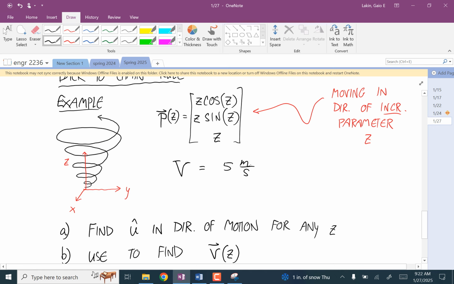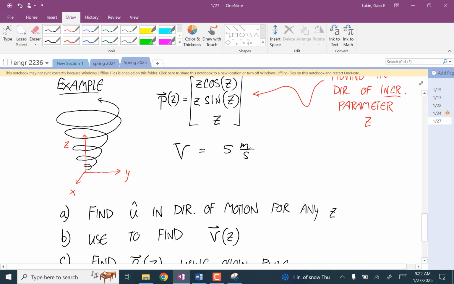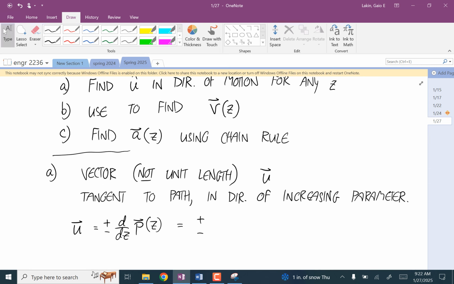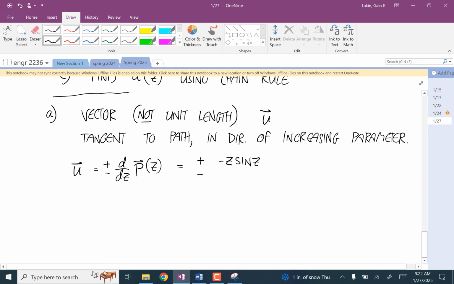What's the derivative of the x component of the position vector with respect to z? Minus z sine z, plus cosine of z.